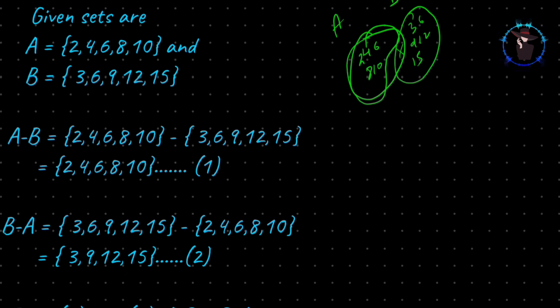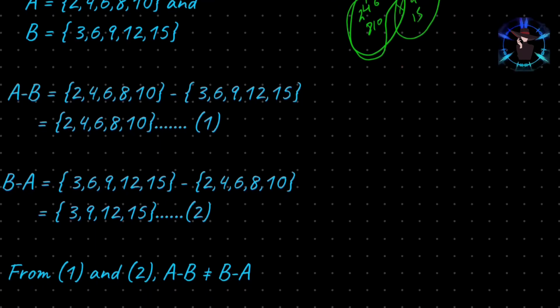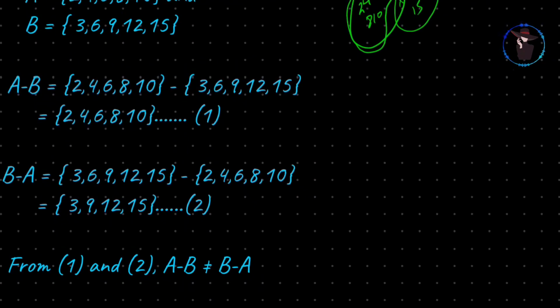Similarly with B, we have 3, 6, 9, 12, 15, and the answer is 3, 6, 9, 12, 15. If we have any common values which are intersecting, then we need to remove those values. But as for now, we don't have. So from 1 and 2, we conclude that A minus B and B minus A are not equal.